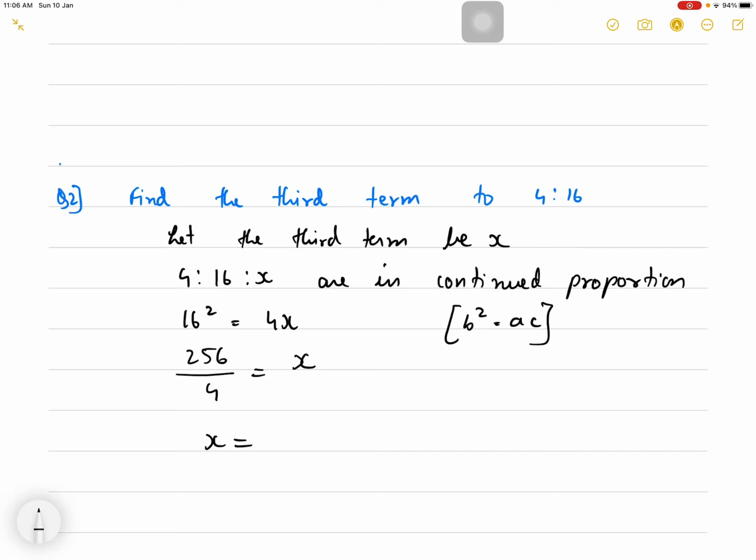So x is equal to 6 fours are 24, 1 carry, 4 fours are 16. So x is equal to 64. So that means the third term is 64.